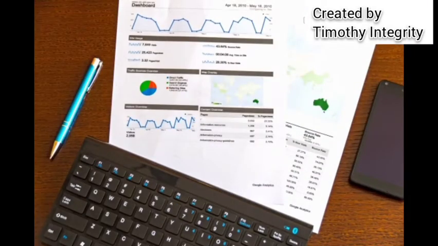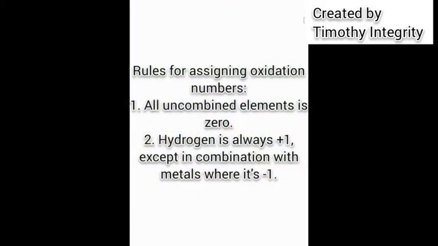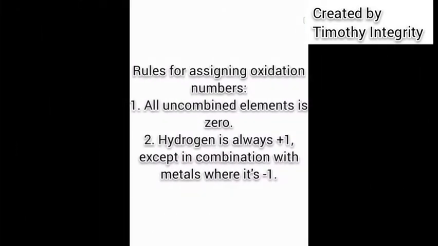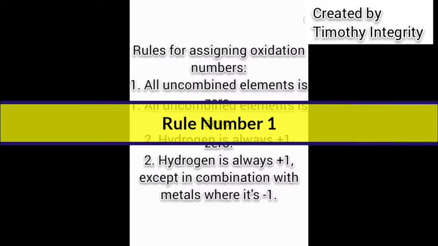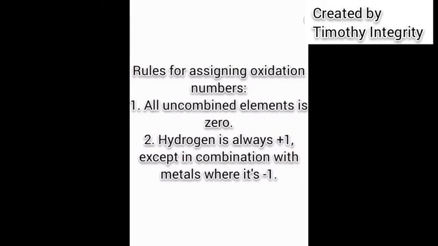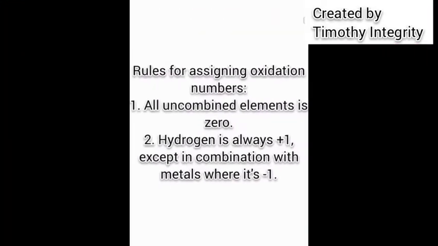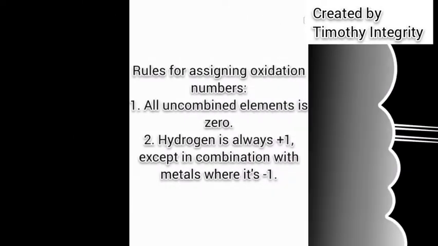Yes, we have some criteria for determining the oxidation state of an atom or a group of atoms. Number one is that the oxidation number of elements in their uncombined state is always 0. So we have it that sodium atom, calcium atom has oxidation state of 0.